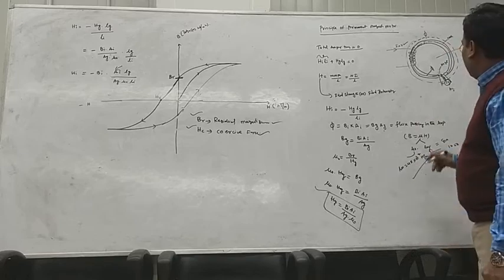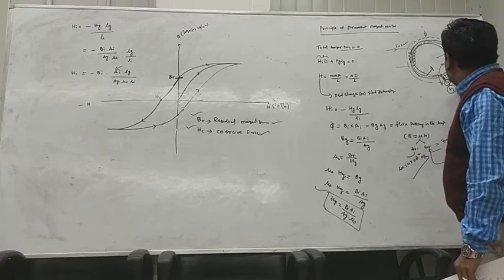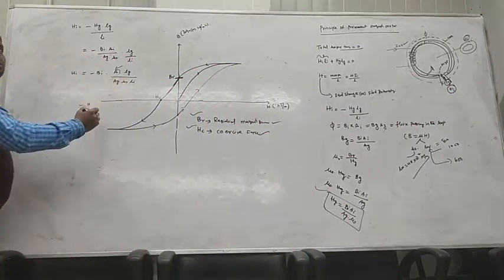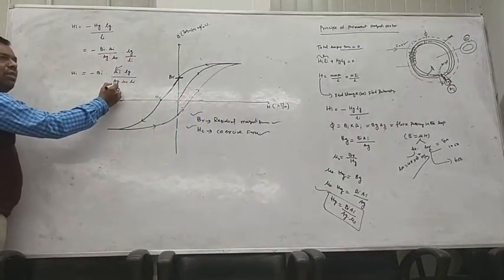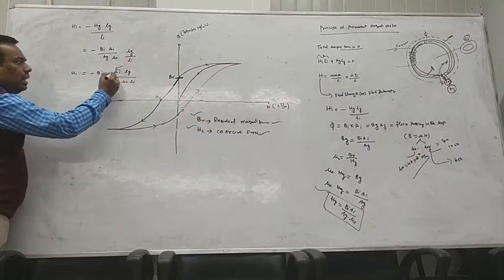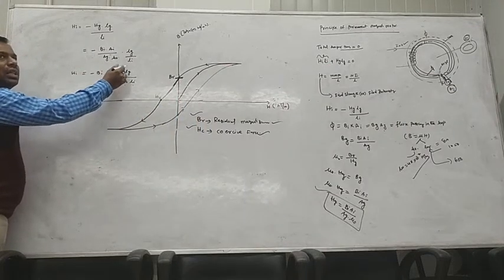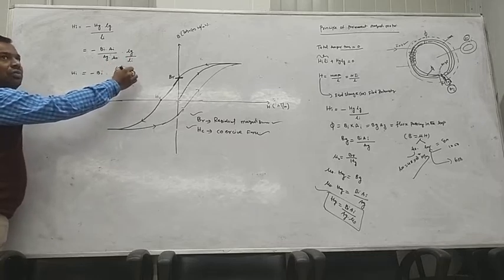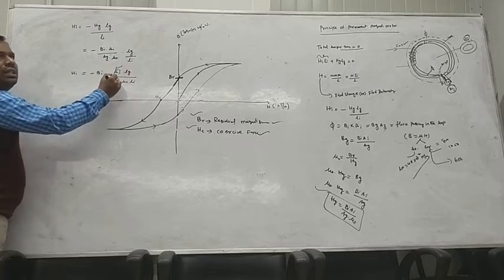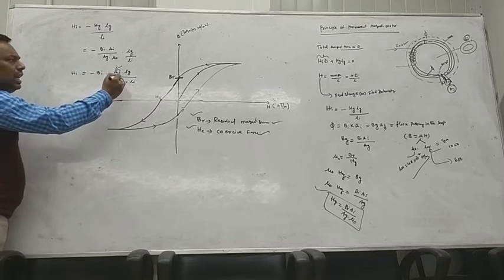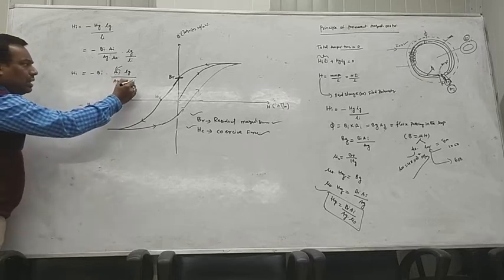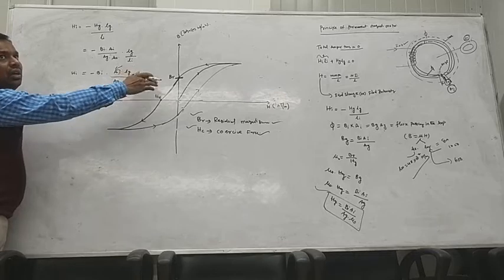So your Ai, Lg, Ag, mu naught and Li values: Ai is the cross sectional area of the iron core, Lg is the length of the air gap, Ag is the cross sectional area of the air gap, mu naught is the absolute permeability, that is 4 pi into 10 to the power of minus 7, and Li is the length of the iron core.